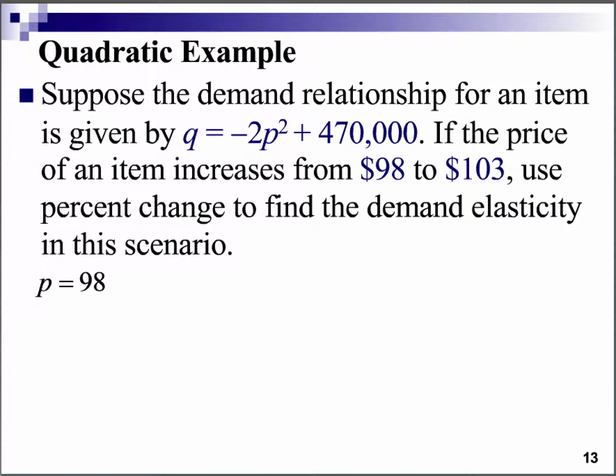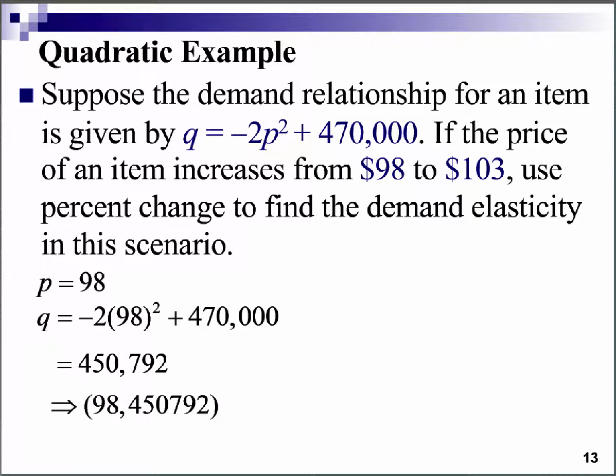So if P is equal to $98, we can plug that into the demand function to find the quantity in demand. So negative 2 times the quantity 98 squared plus 470,000 can be computed very carefully using a calculator or spreadsheet. We have to be careful that we square the 98 first, multiply by negative 2 next, and then add 470,000.